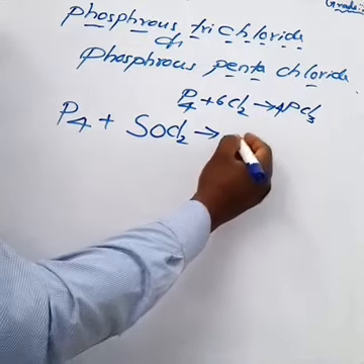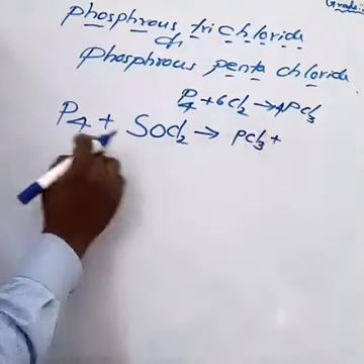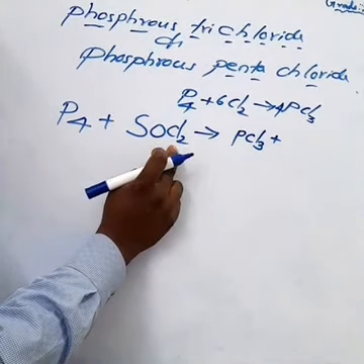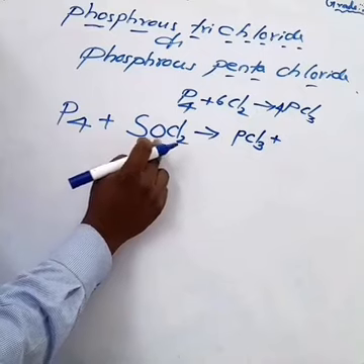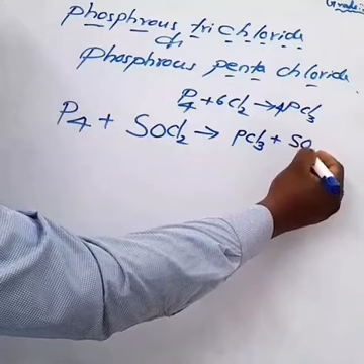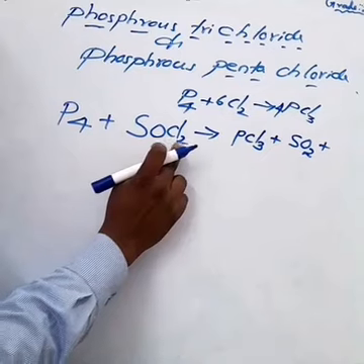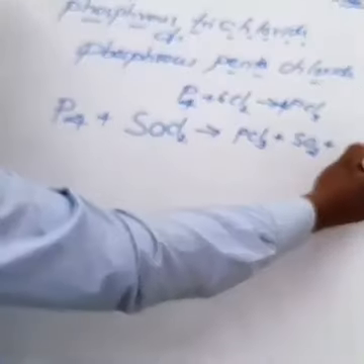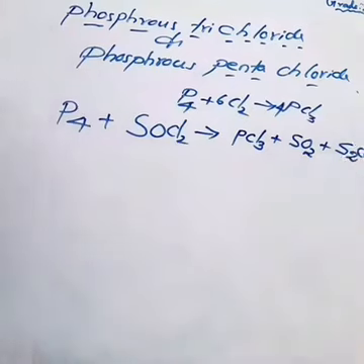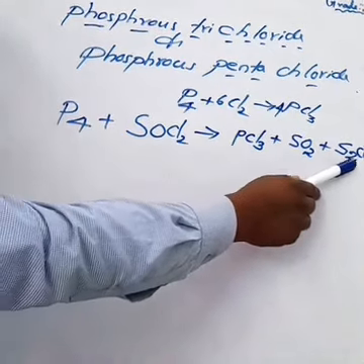We get phosphorus trichloride, that is phosphorus combines with the chlorine to form PCl3, plus sulfur combines with oxygen, we get sulfur dioxide, plus sulfur combines with chlorine, we get one of the new compounds, S2Cl2, disulfur dichloride.